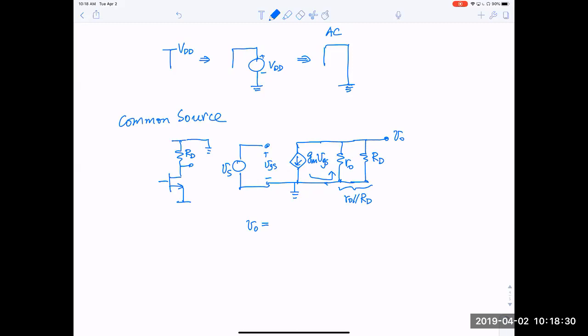So the output voltage is simply gm VGS times r0 in parallel with RD. And VGS is just equal to VS. So this is gm times VS times r0 parallel RD. So Av is simply Vo over VS, and this is equal to gm times r0 in parallel with RD.